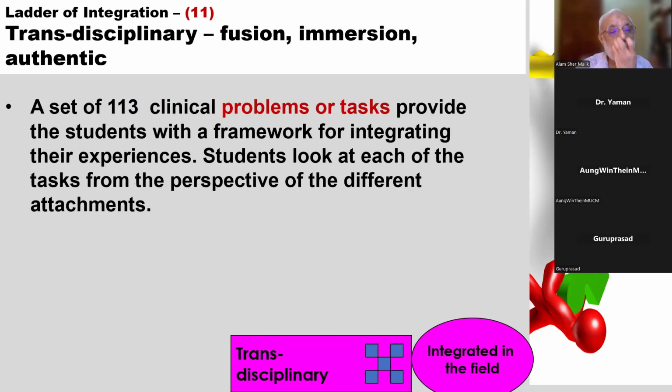Here is another example where in Dundee, a set of 113 clinical problems or tasks are provided to the students as a framework for integrating their experiences. So after spending the first 3 years under different modules, the last 2 years are based on the problems or tasks. And students look at each of these tasks from the perspective of different attachments.